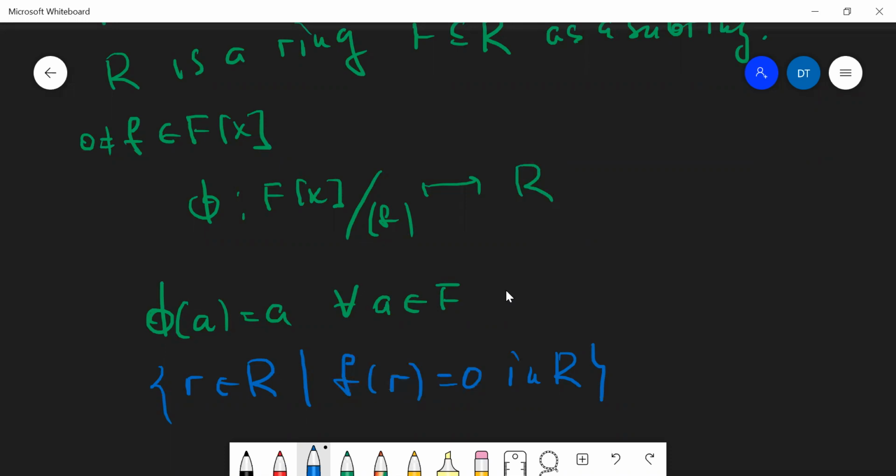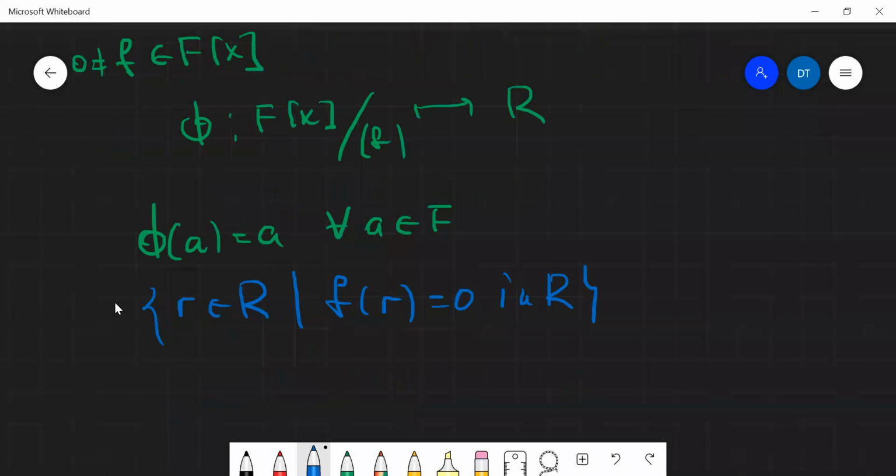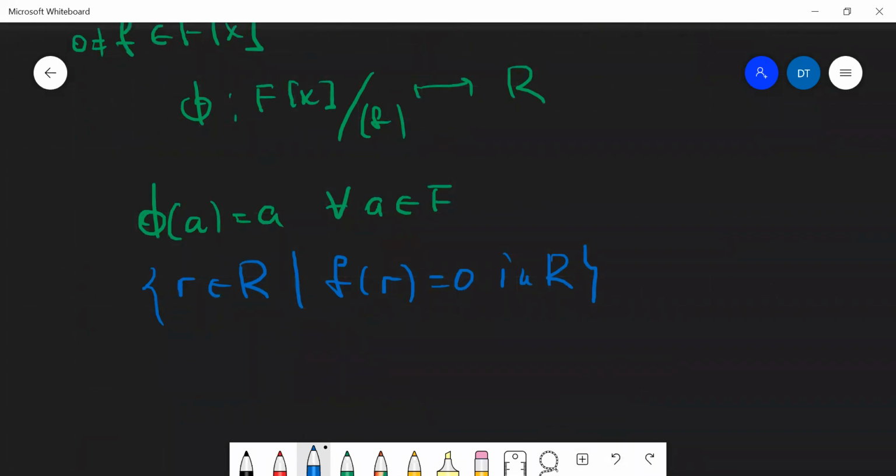And then for each element r, I can define a homomorphism by the following rule. Element g goes to g(r). And this defines a homomorphism φ_r. So it's just a substitution of a root of the polynomial f.